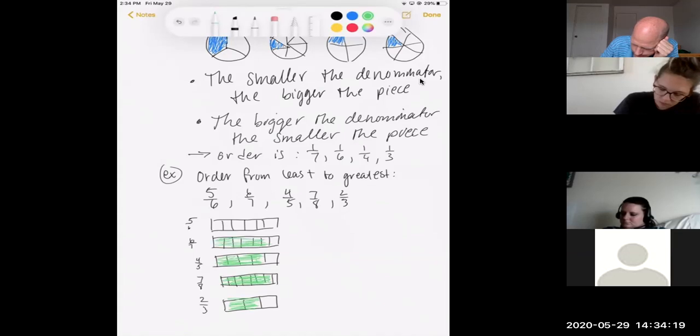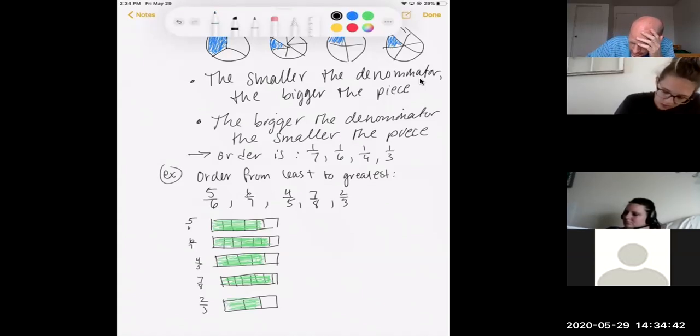And so if you have all the pieces of it except one, then you're going to want to put the 8, 7, 6, 5, 3, because the one piece is going to be smaller, right? Or did I say it backwards? Or that was greatest to least, so it would go.